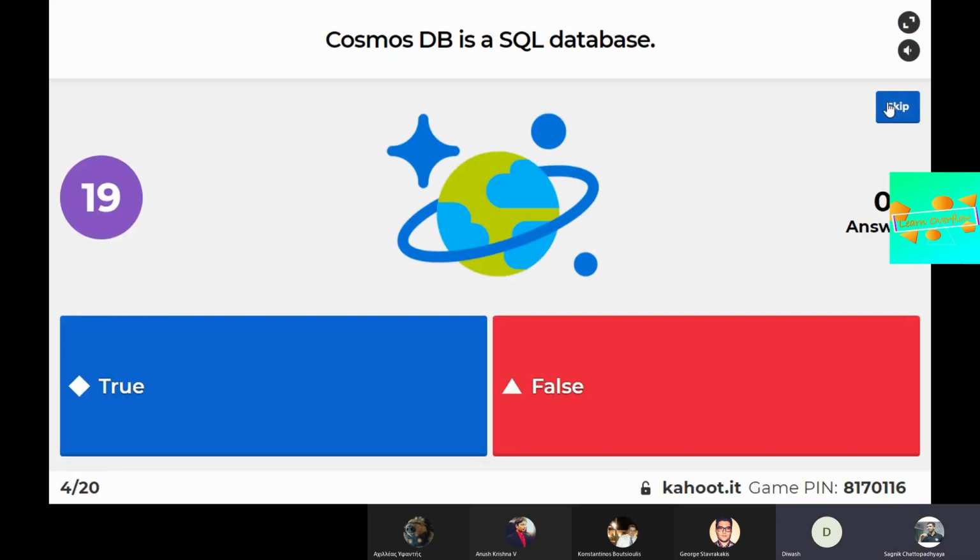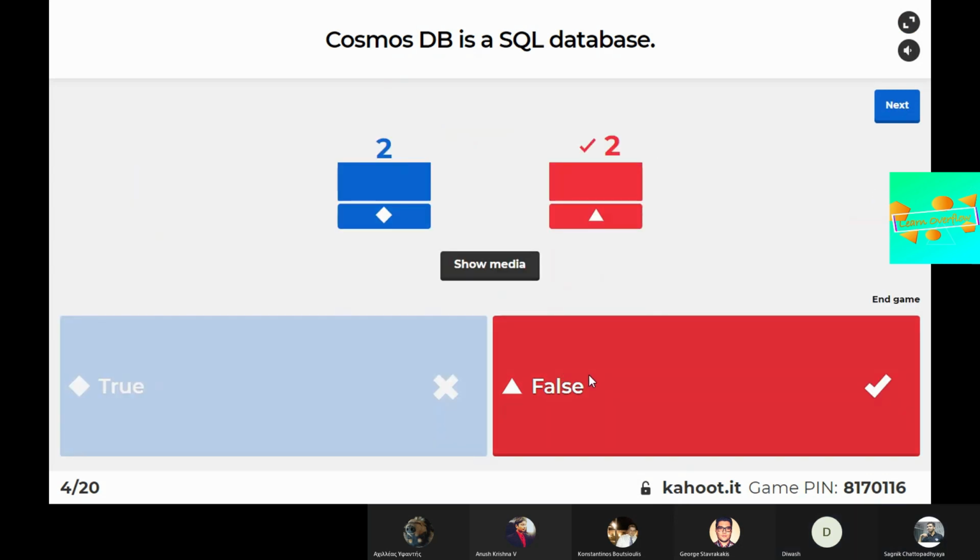True or false question: Cosmos DB is a SQL database. True in blue, false in red. Cosmos DB is not a SQL database. Azure has two types of databases: one is Azure SQL Database, and the other is Azure Cosmos DB.